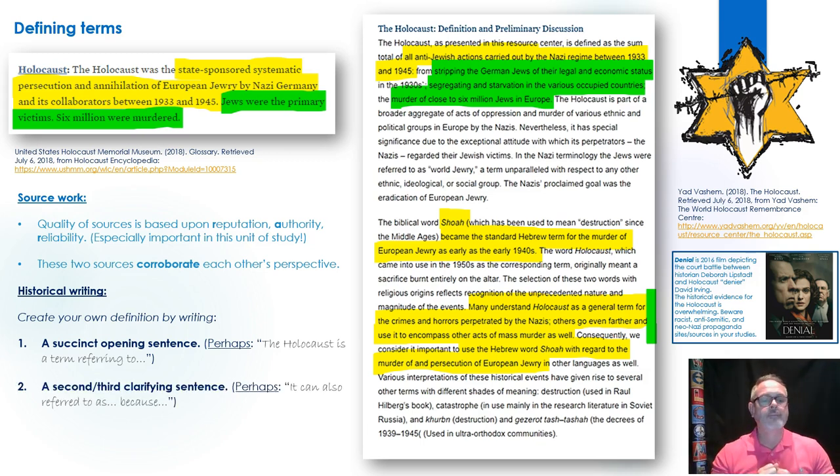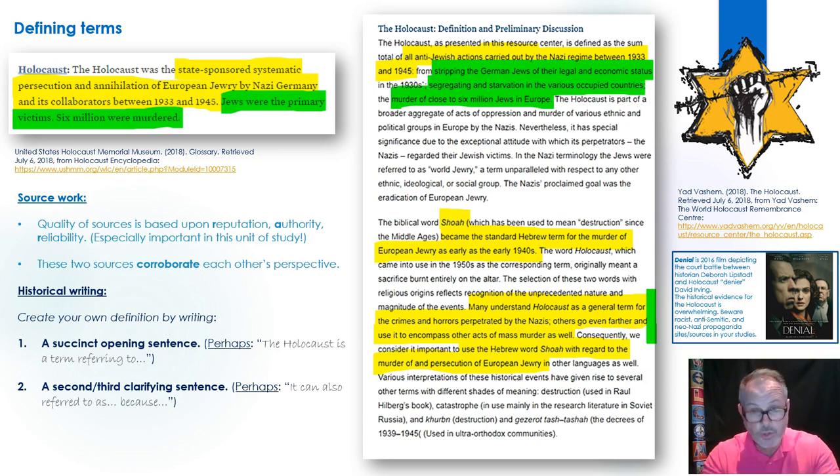Then clarify it. Support it. Maybe it'll take a couple of sentences, a second, a third sentence. You might say, the Holocaust can also be referred to as the Shoah. It refers to destruction, murder of who, how many, by.